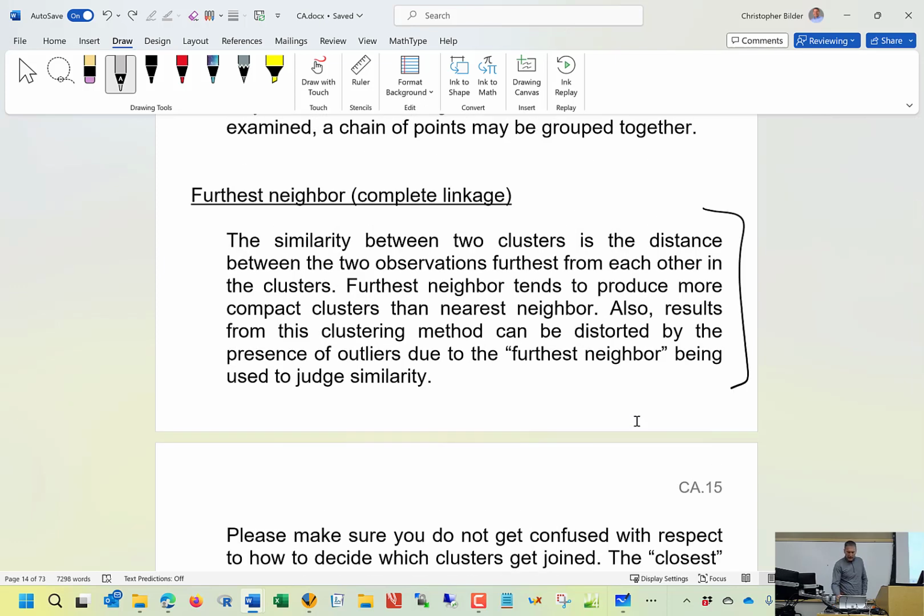As you might expect, this method is not perfect. It can be distorted by outliers. So you can imagine, let's actually do a plot here.